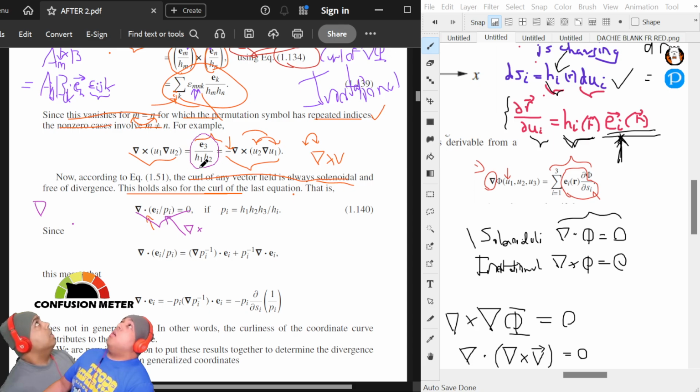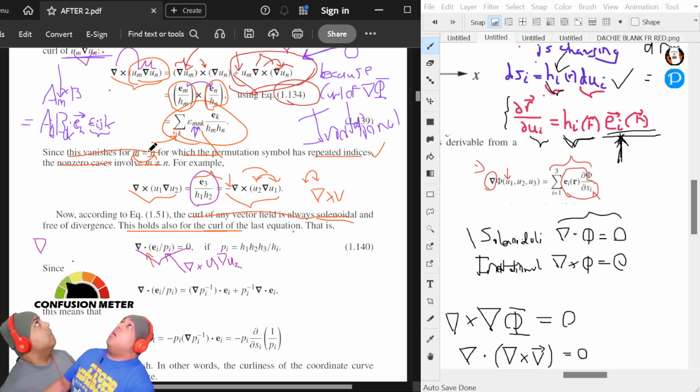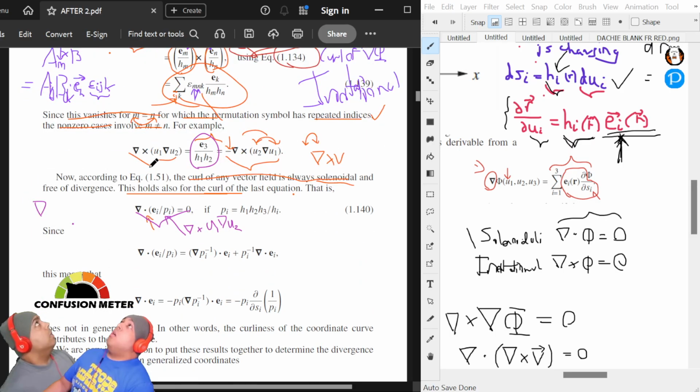Oh, it's just this. So this is this. u1, u2. This holds also for the curl of the last equation.